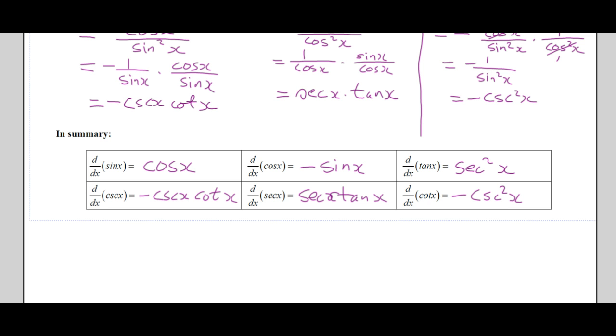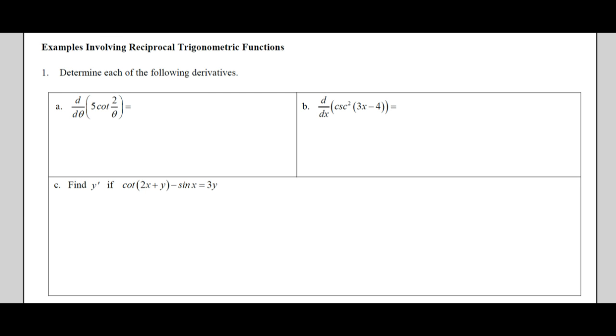All right, so all we want to do is play around with these. Do a few examples. So we've got 5 times the cotangent of 2 over theta. So I'm thinking, all right, I've got a constant in here, so it's just 5 times d by d theta of cotangent of 2 over theta.